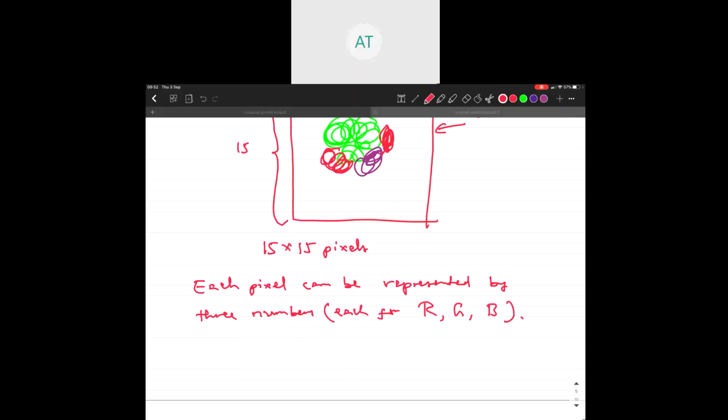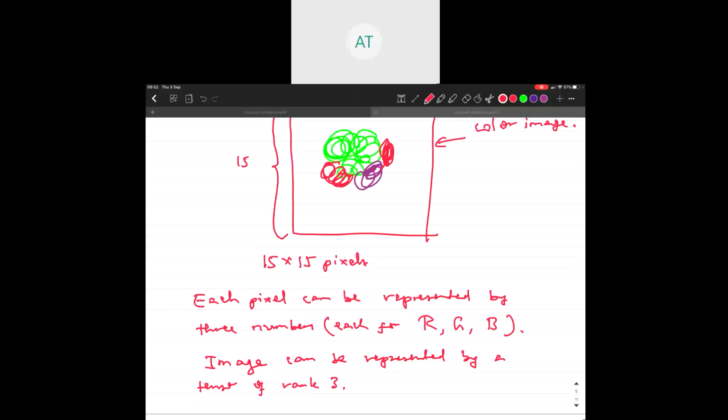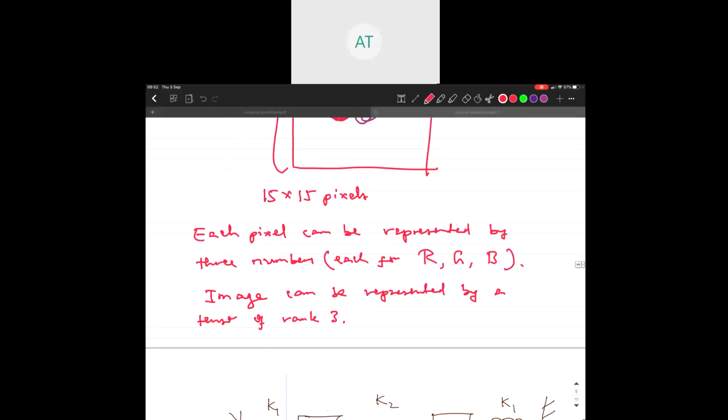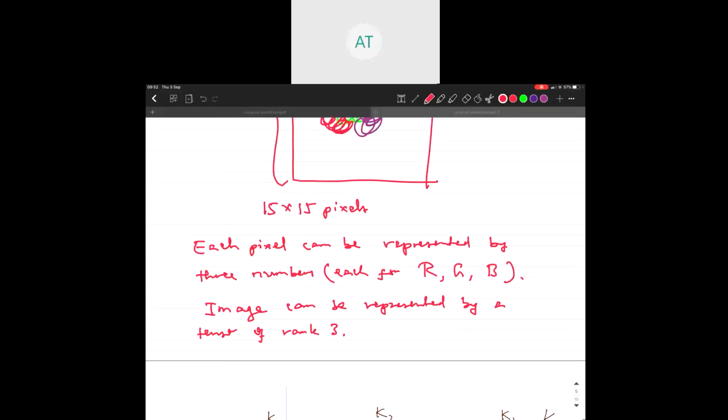Okay, so therefore this image can be represented by a tensor of rank 3. Earlier it was a rank 2 tensor, say the conductivity tensor, but now it is a rank 3 tensor. And now we have these numbers as a 15 cross 15 cross 3 object.